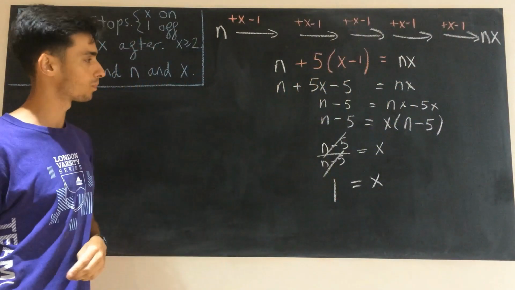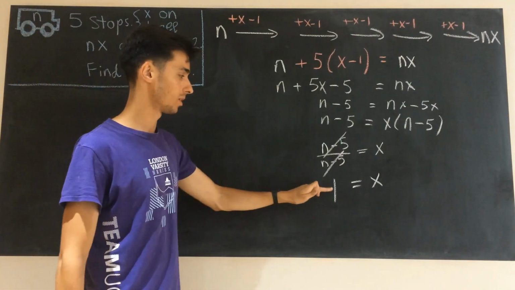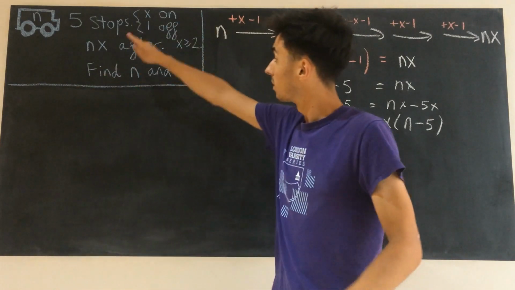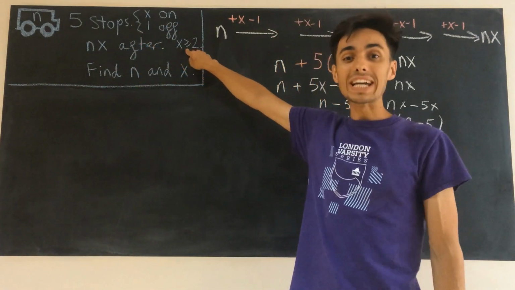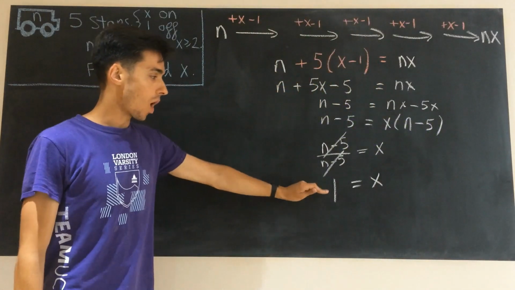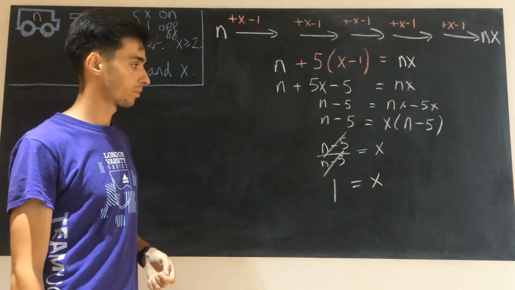Our x was 1. But there is a problem here. We got told explicitly at the start of the problem, x must be greater than or equal to 2. So our answer of x equals 1 just doesn't work.